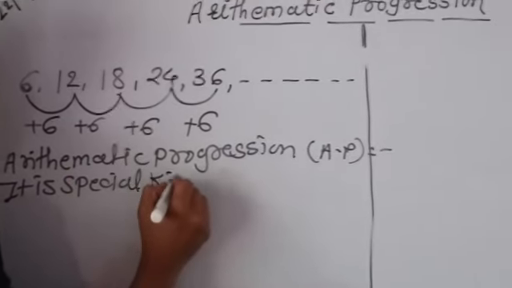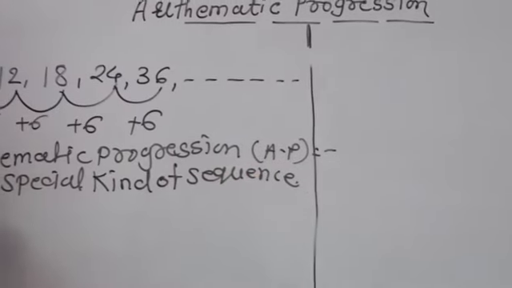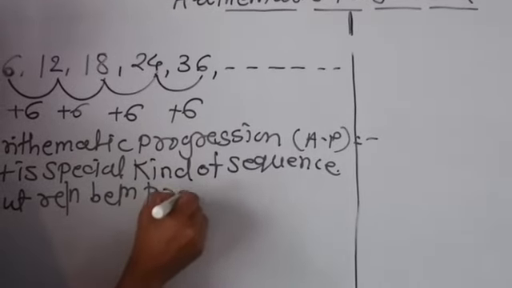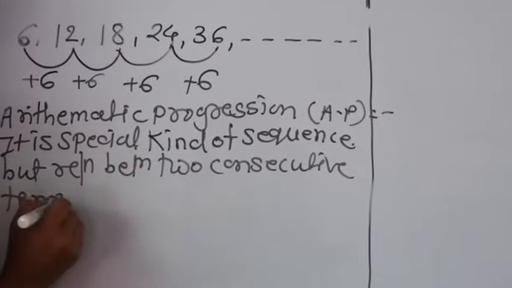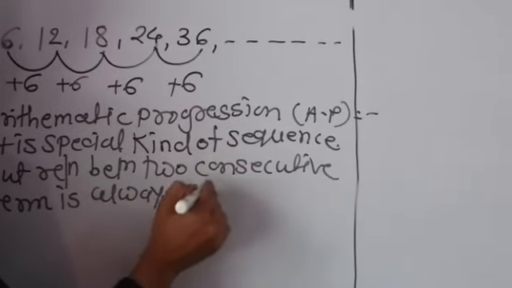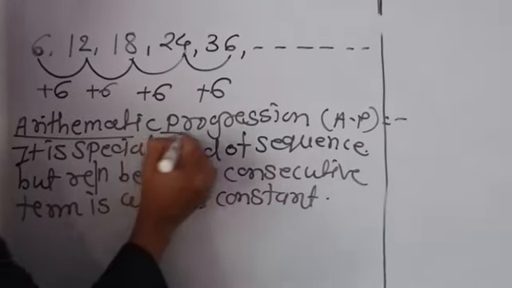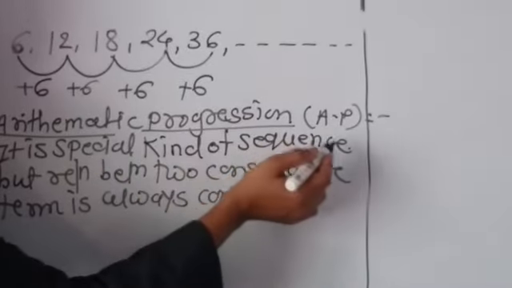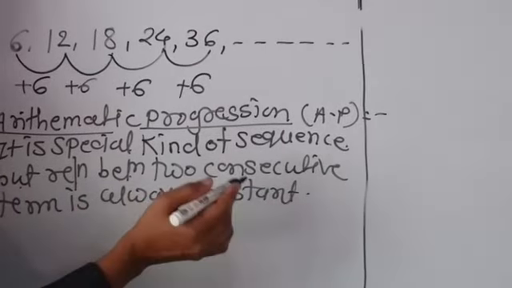It is a special kind of sequence, but the relation between two consecutive terms is always constant. It's called arithmetic progression. I repeat it again.